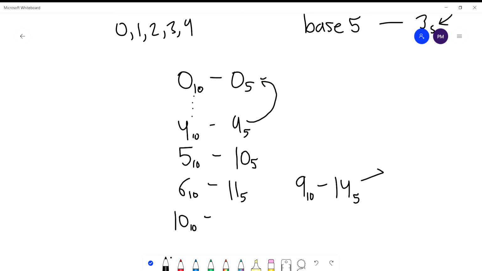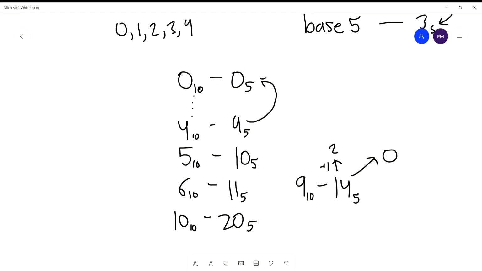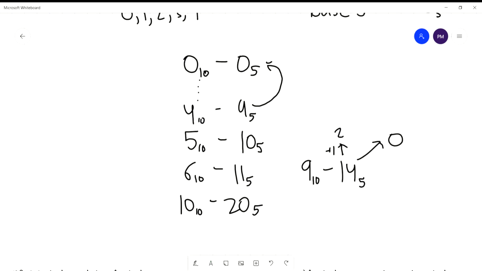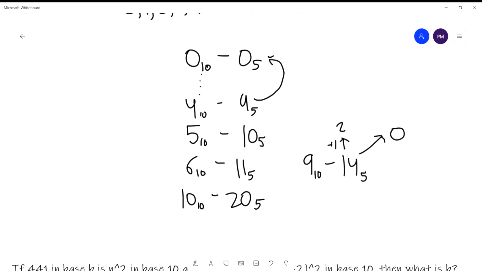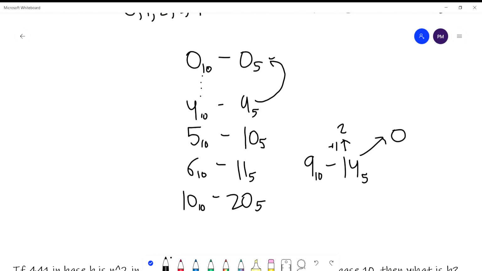So you do the same thing: you rotate back to 0 and then add 1 to the tens digit. So 10 in base 10 is 20 in base 5. It's a similar thing for the rest. Once you get to 24 base 10, you can check, this is 4, 4 base 5.